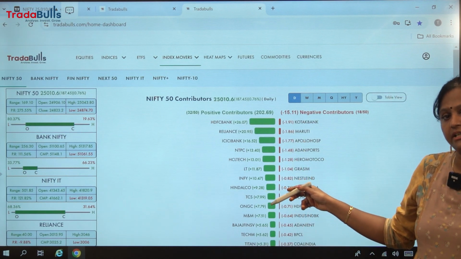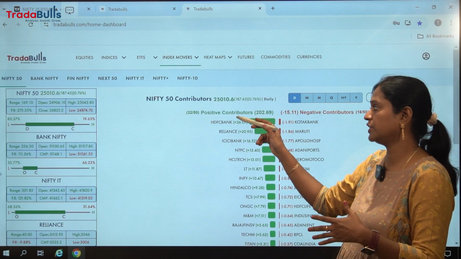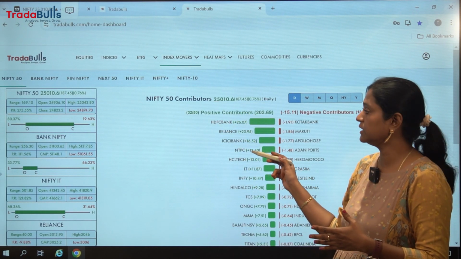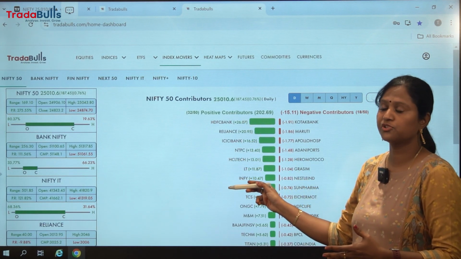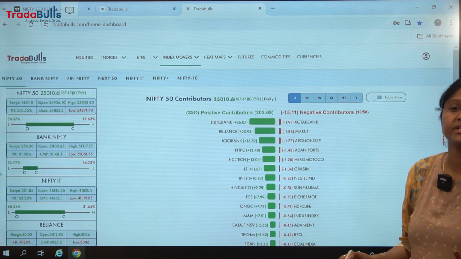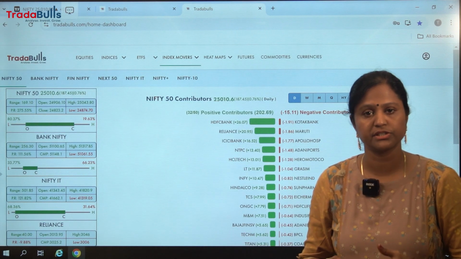If you look at this section, for example Nifty 50, there are 50 counters, which are 50 companies, of which 32 are positive contributions and 18 are negative contributions. Here you can highlight which is on the higher side and which is on the lower side, and take a decision accordingly.